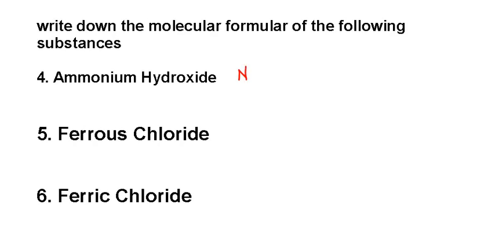Ammonium has a valency of 1 and hydroxide also has a valency of 1. So using the crisscross method, or exchanging their valency, it results in NH4OH. This is the formula for ammonium hydroxide.